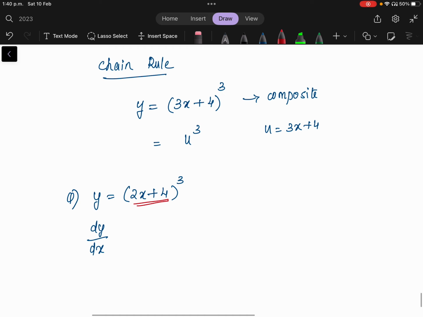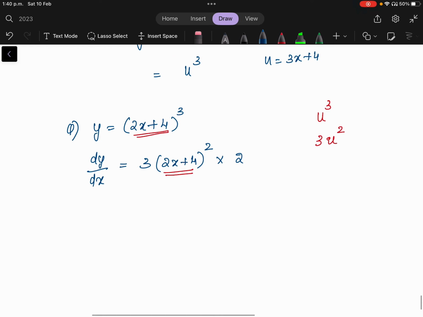If it is u to the power of 3, the differentiation is 3u square, right? So you differentiate this as 3 times 2x plus 4 to the power of 2, and then you differentiate the inner one, whose differentiation is 2. That's the method you use always: you differentiate the outermost one first and then differentiate the inner one again.